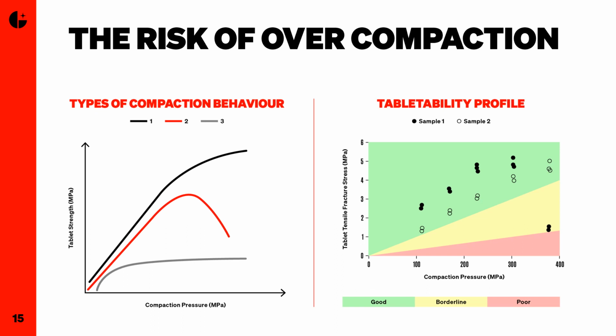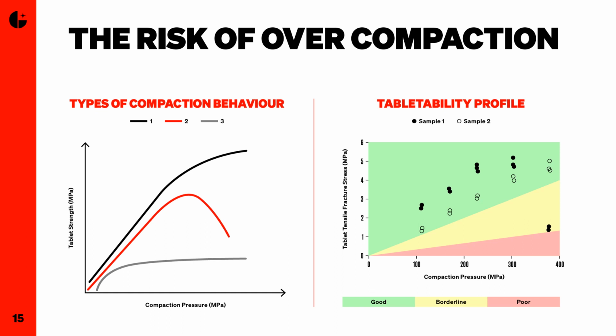The more common behavior would be type 3, where you have an increase in tablet strength up to a point with increasing pressure, but after that, the strength of the tablet plateaus, so there is no increase after that point. So at that point, any further increase in compaction pressure, you're just wasting energy essentially by hitting the tablet harder.